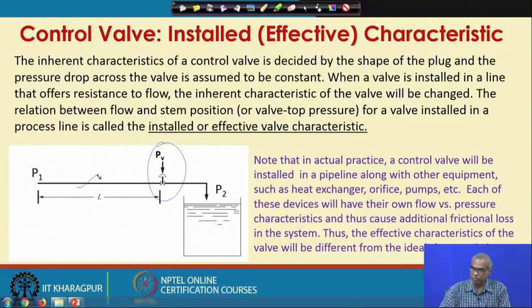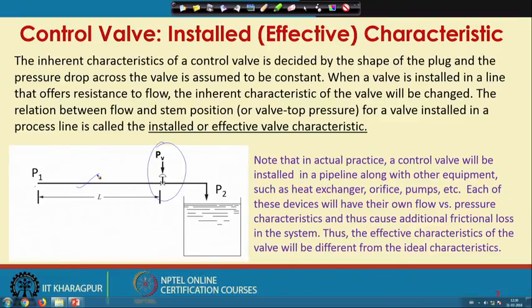Thus, the effective characteristics of the valve will be different from the inherent characteristics or ideal characteristics. So, the installed or effective valve characteristics is the relation between flow and stem position for a valve which is installed in a process.